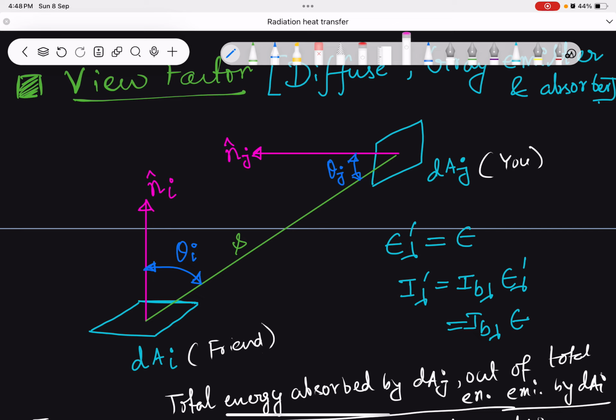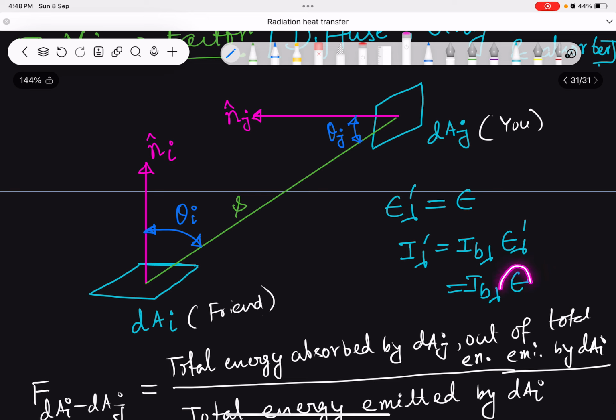We have seen that a diffuse surface will be a diffuse emitter, that is true, but a gray surface does not mean that it will be a gray emitter. Because you see here this epsilon is not a function of lambda being a gray surface, but this I B lambda is a function of lambda.